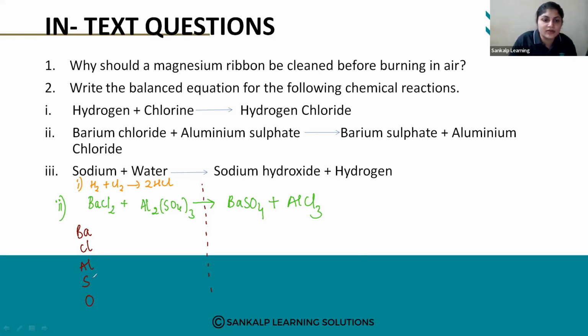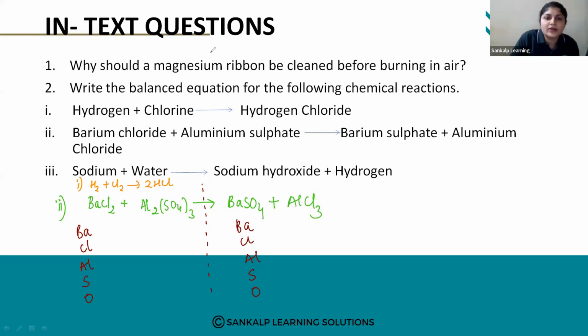So sulfur and oxygen will be separate. Then here also I'll write the same pattern: BaCl, Al, S and O.